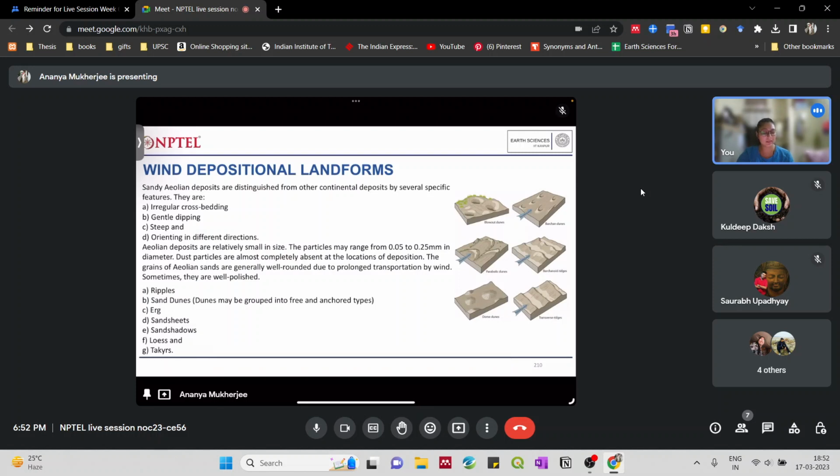Irregular cross bedding is like, suppose at one time the sediments got deposited like this, and this was the direction of flow of any agent.